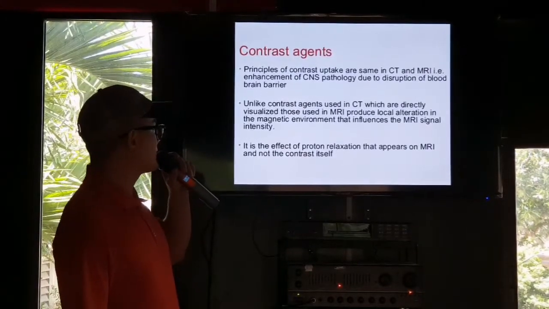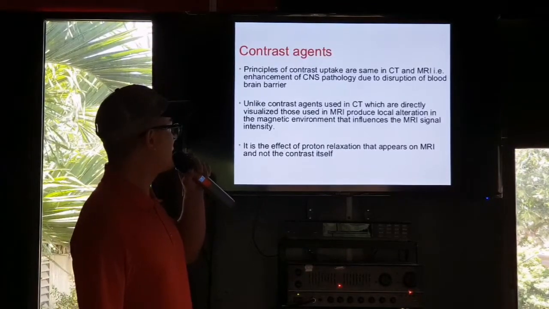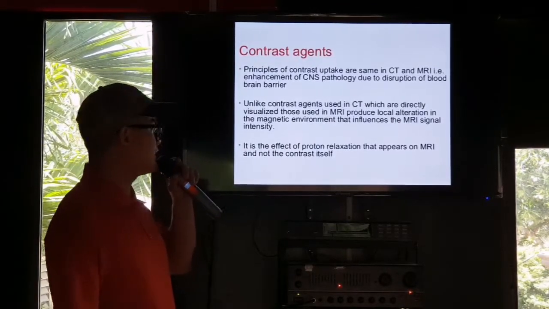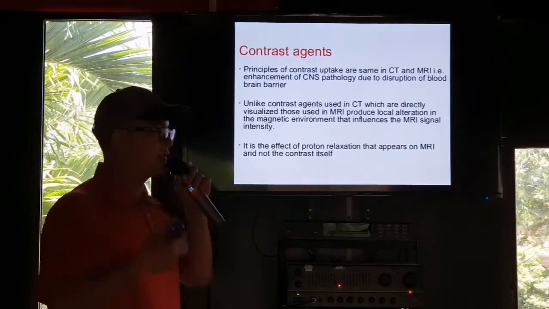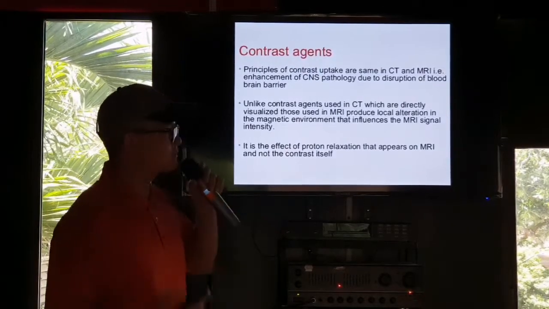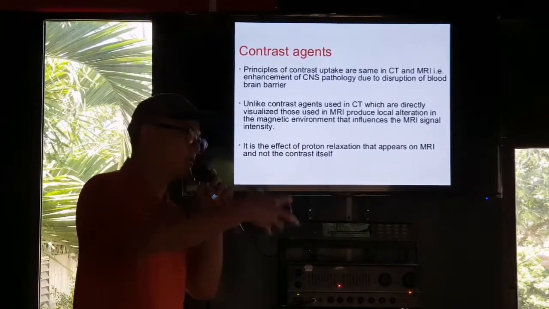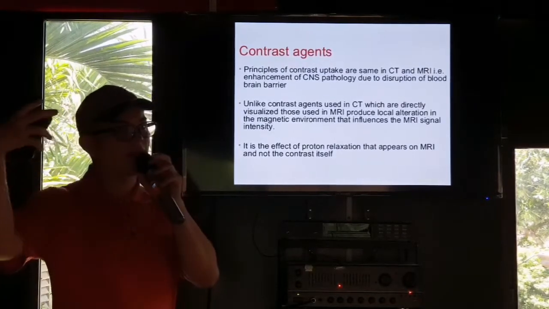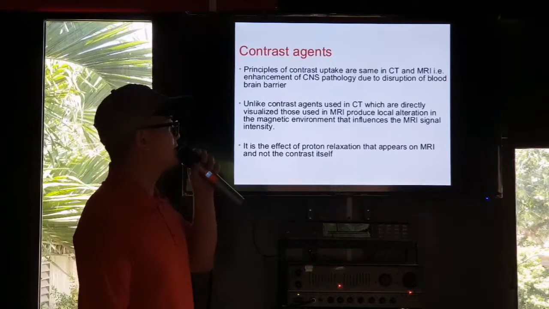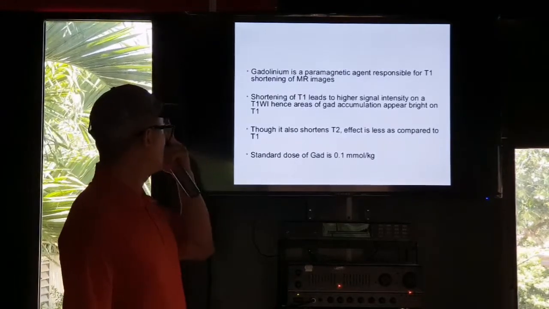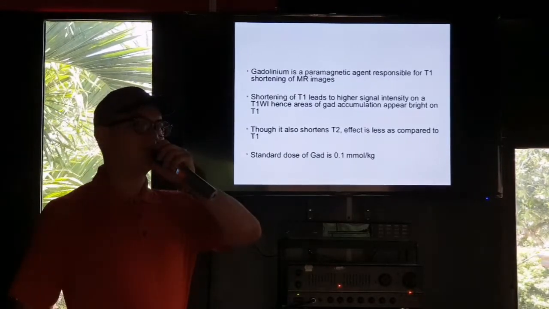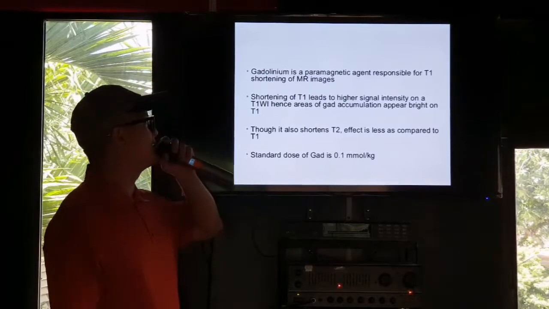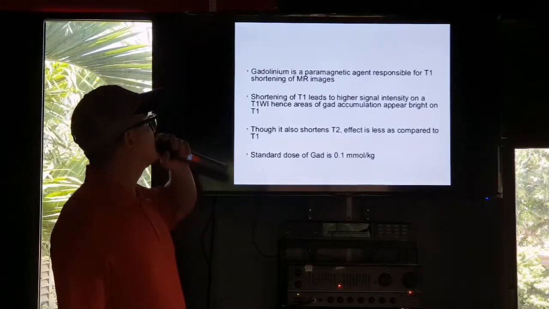It is the effect of proton relaxation that appears on MRI and not the contrast itself. So it's not the contrast itself. Unlike in CT, where the contrast itself is visualized because of its different density compared to the surrounding structures. In MRI, it's actually changes produced by the contrast.